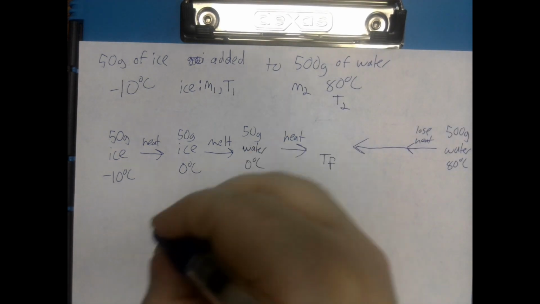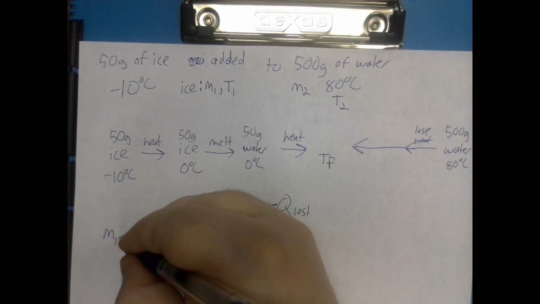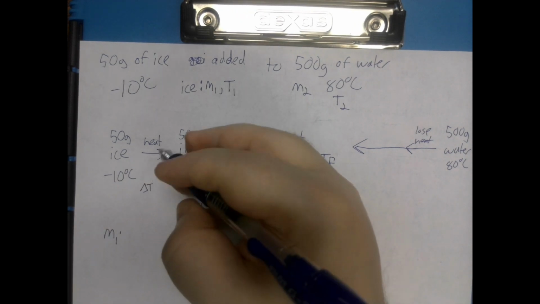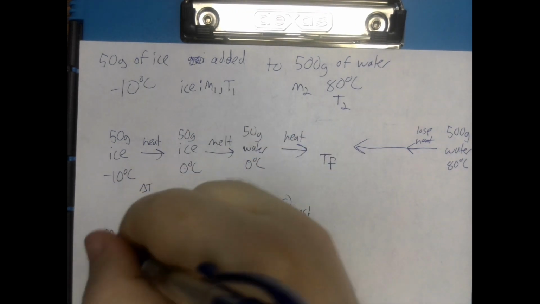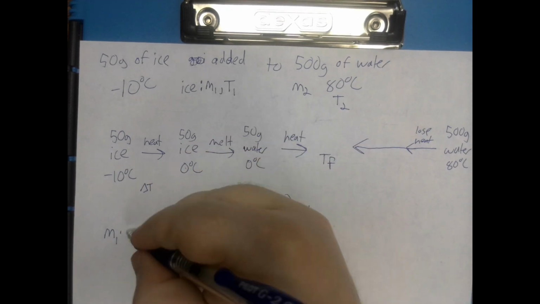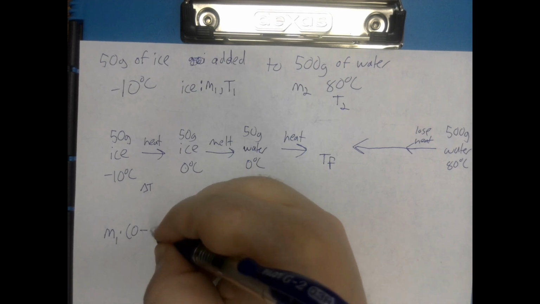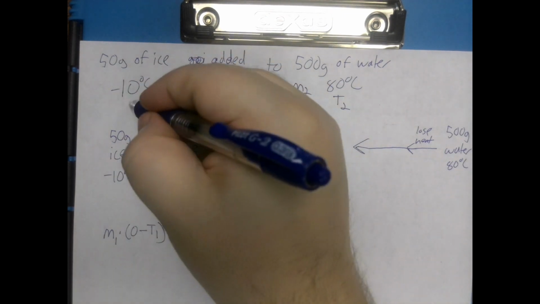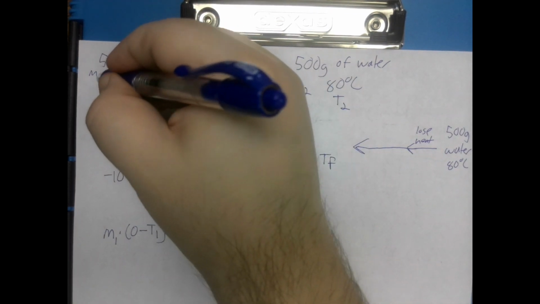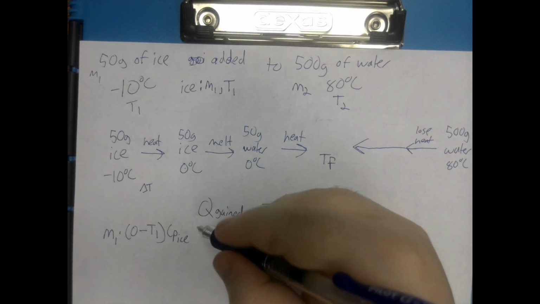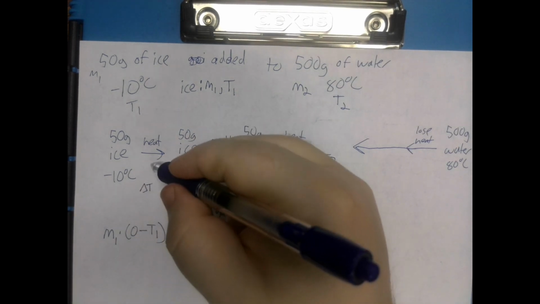So on this one, we have mass M1 times the change in temperature from 0 to -10. So that would be 0 minus T1, with T1 being its initial temperature, times the Cp of ice. So that is this equation.